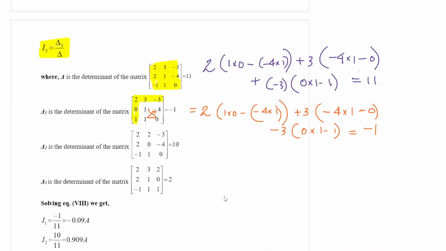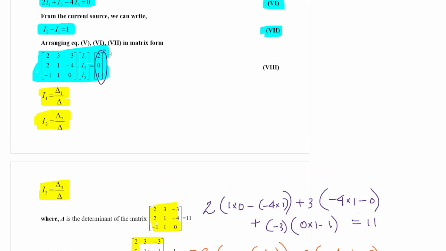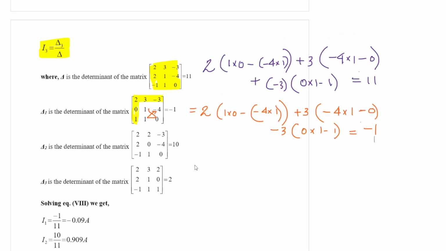Now similarly, if you solve delta 2, what is delta 2? Delta 2 means this column is replaced at the second column, so this second column is replaced by the column matrix 2 0 1. Similarly delta 3 is where 2 0 1 is replaced at the third column.